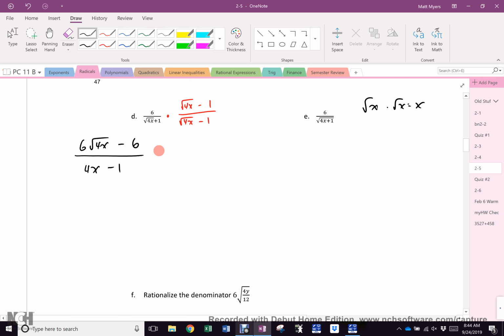Negative 1. And then is there any tidying up I can do there? I can bring out the 4 to get 12 root x minus 6 over 4x minus 1.